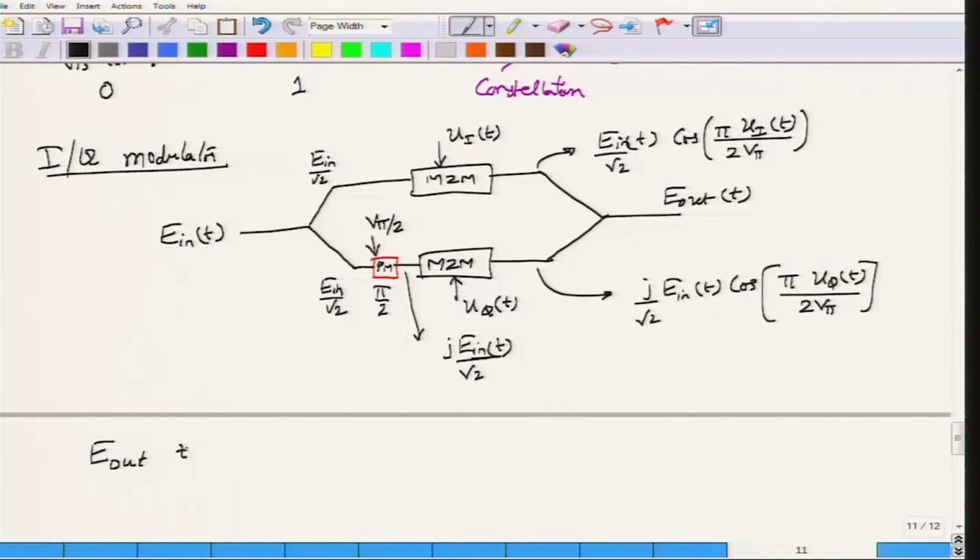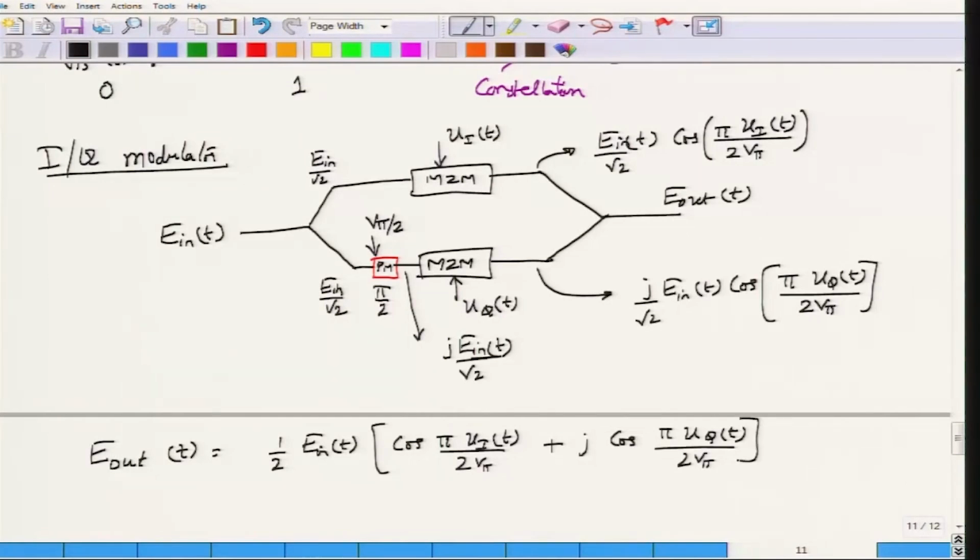So, E_out of t is equal to half E_in of t, which is a constant, I am taking this out. I get cos of pi U_I of t divided by 2 V_pi plus j cos of pi U_Q of t divided by 2 V_pi.